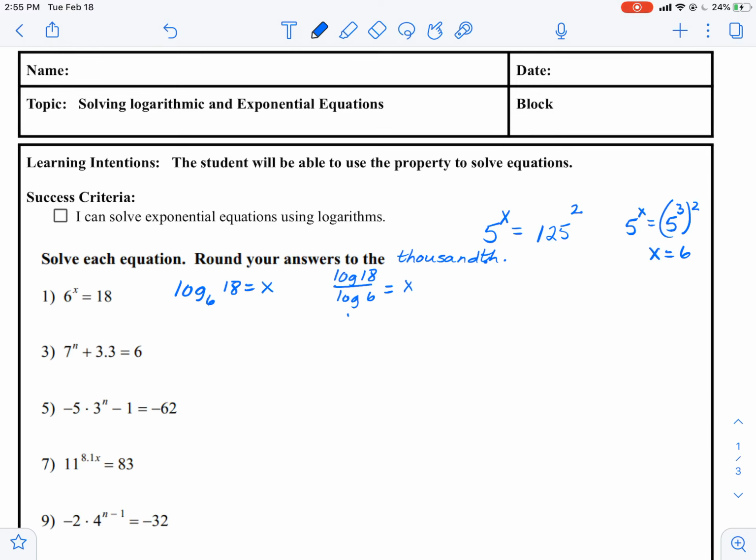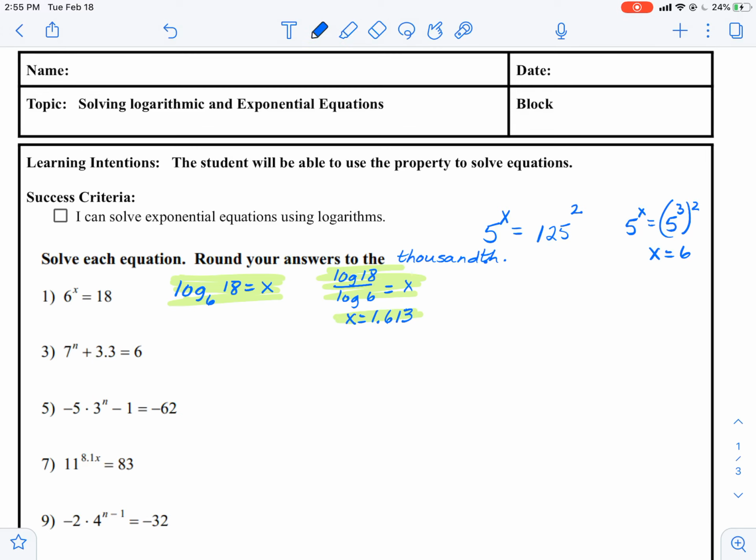And again, we're going to round it, so x equals 1.613. When you are doing these problems, I do expect to see, one, this step, and your answer. Others are going to require more work, but definitely I need to see each of them.